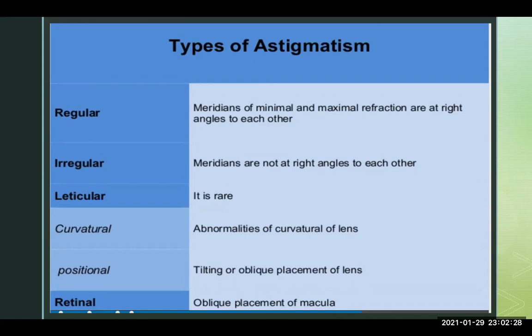Regular: meridians of the minimal and the maximal refraction are at right angles to each other. Irregular: meridians are not at right angles to each other.